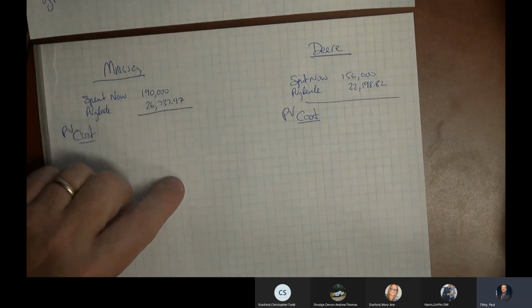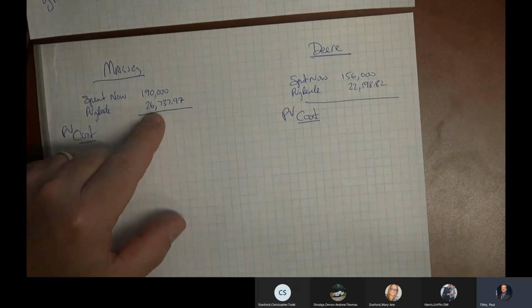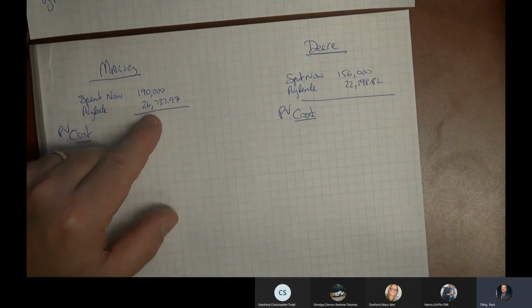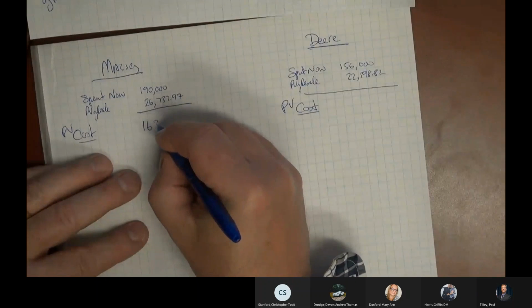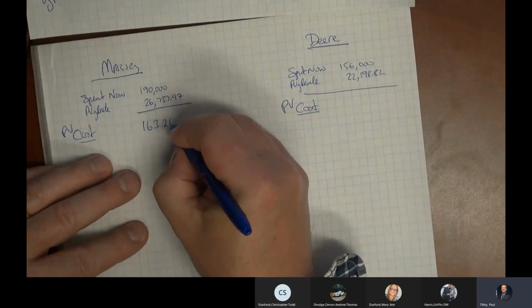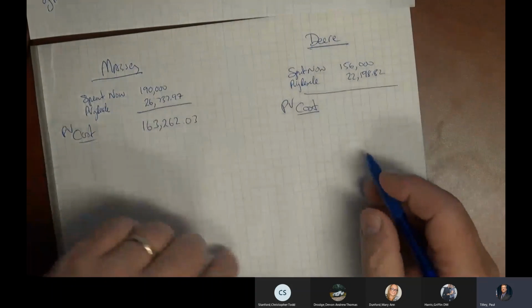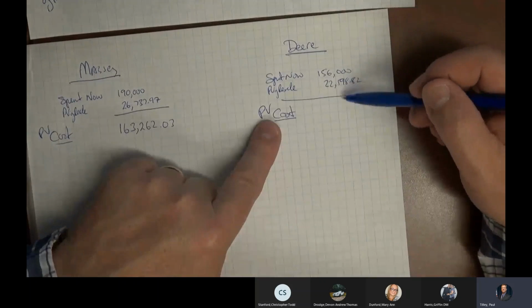It's 190,000 minus 26,737.97. So the actual cost is 163,262.03. We could also look at the Deere one and say, well, what is the actual cost of that?